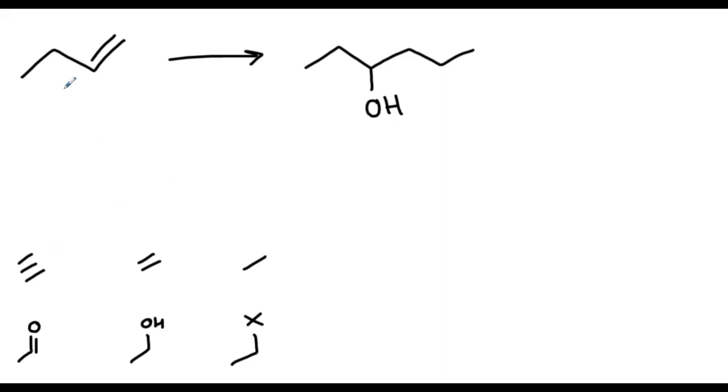But do you remember how we can do something like that? How could we convert this double bond into a triple bond? Well, it is not a one-step process. We have to open up the double bond first and then do a double elimination.